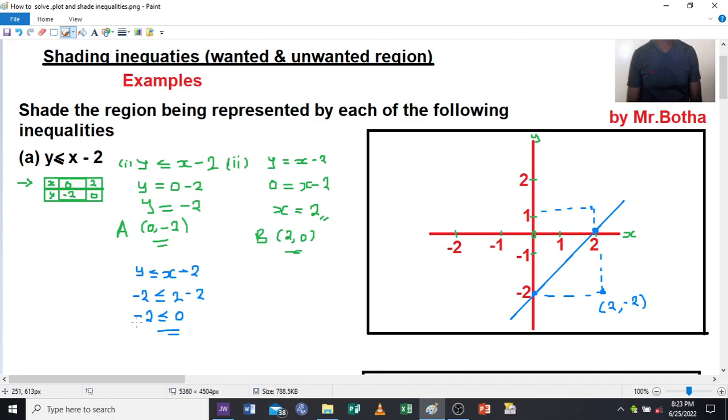So let's start. Is -2 less than 0? Yes, right? Now is -2 equal to 0? No, it's not, but it is less than 0. What does that mean?